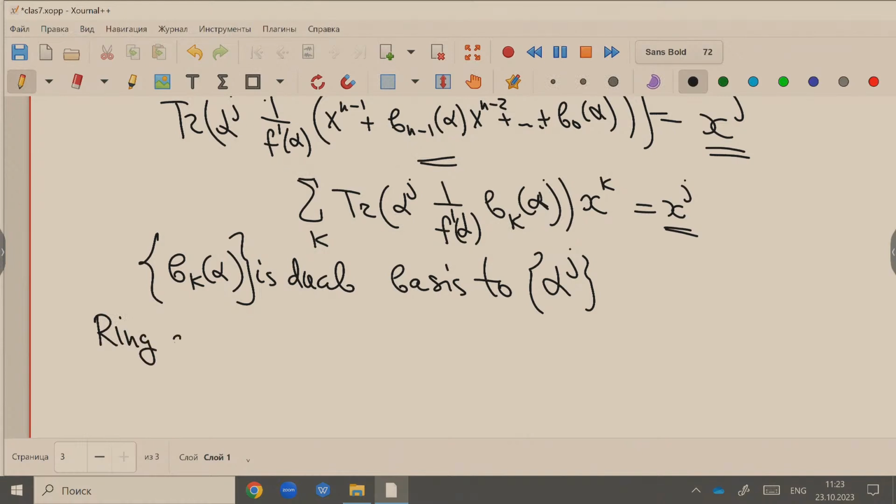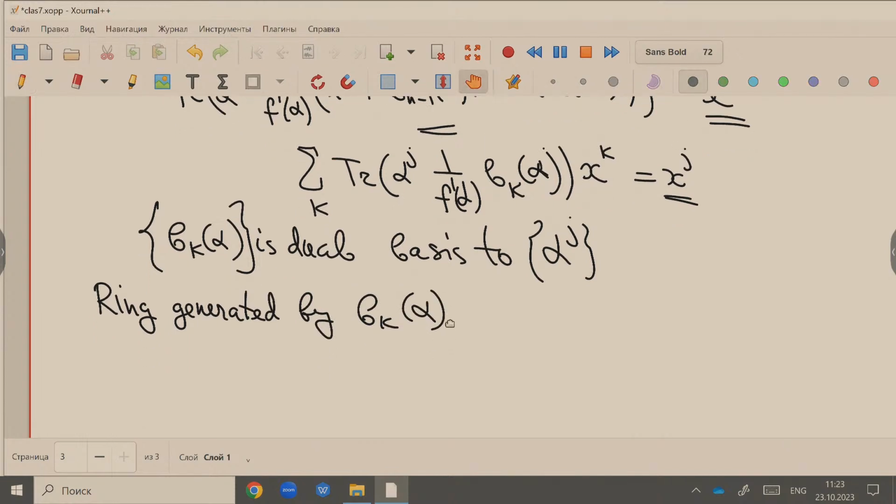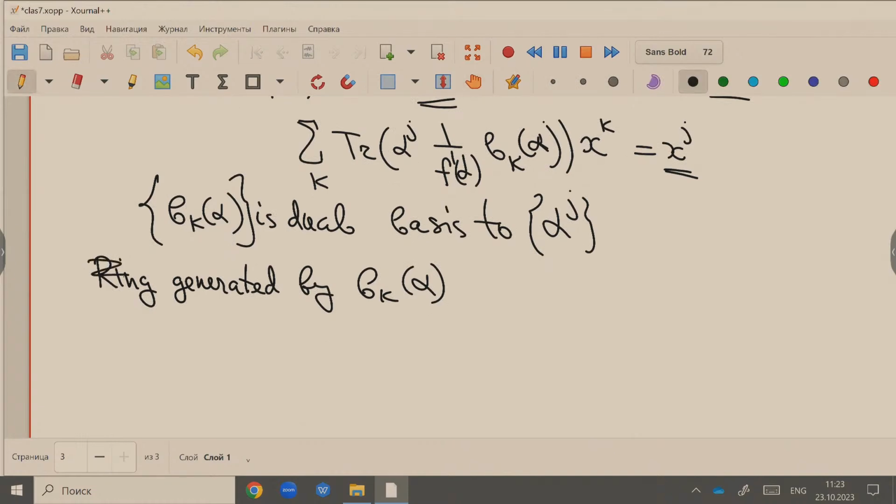So we have to consider the ring generated by beta k of alpha, or even more, the ideal generated by these. But actually we need only the vector space, because the dual object is just a vector space, so we actually need not the ideal, but only a module.